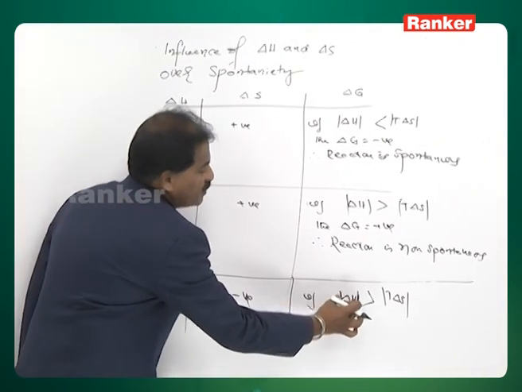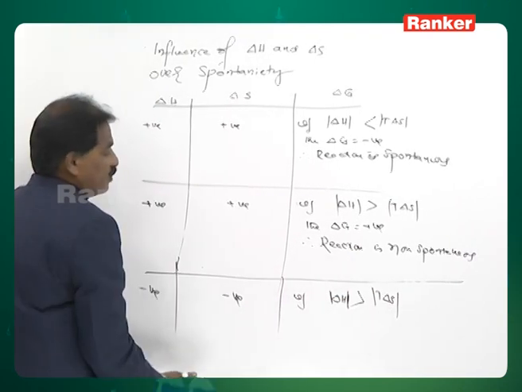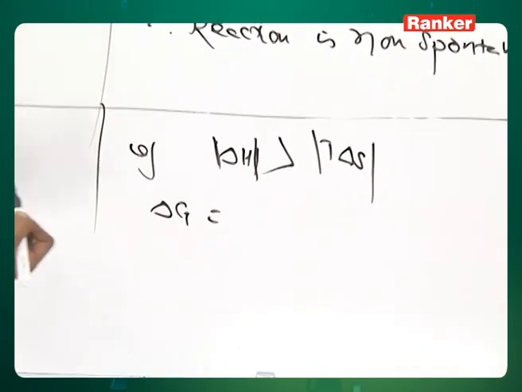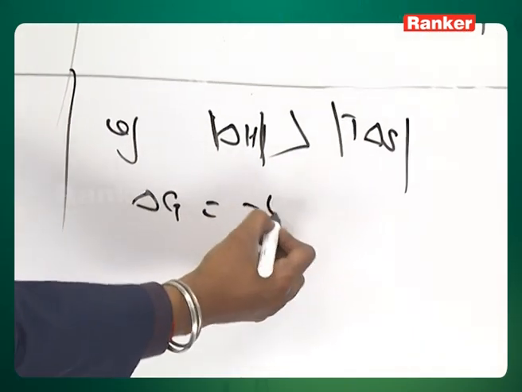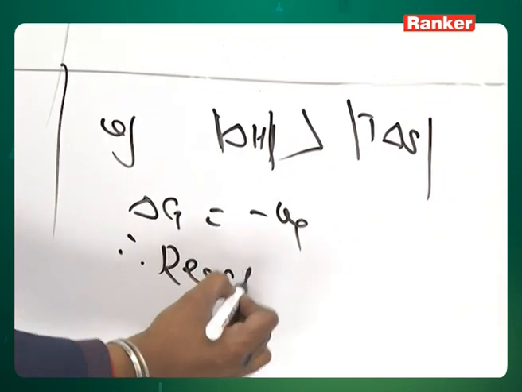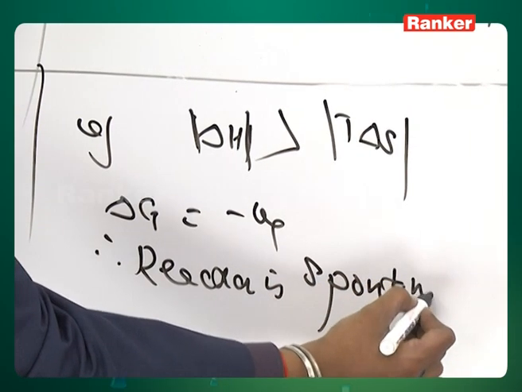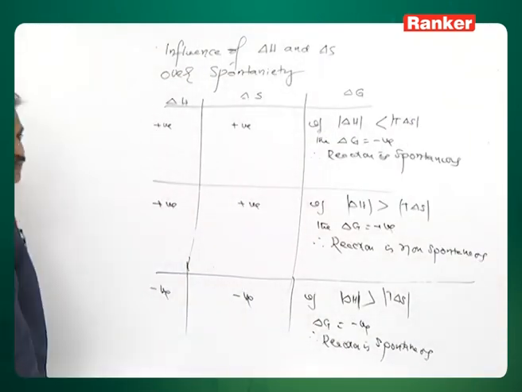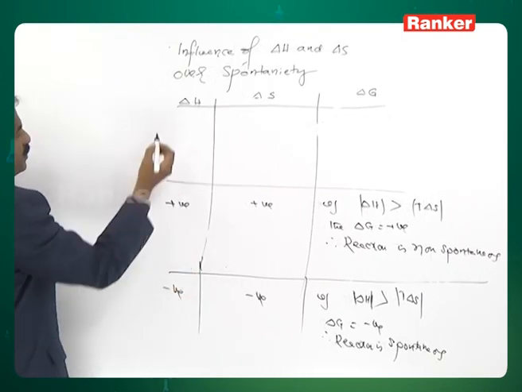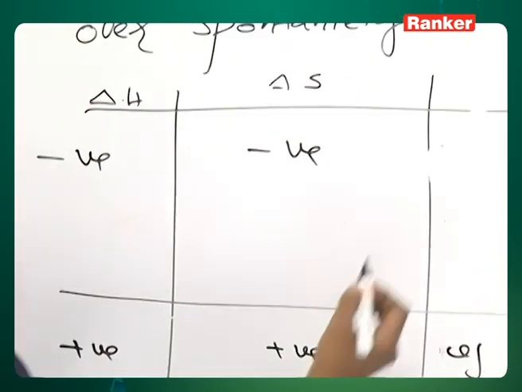If the magnitude of the enthalpy change is more than the other term, then del G becomes negative. Therefore, the reaction is spontaneous.